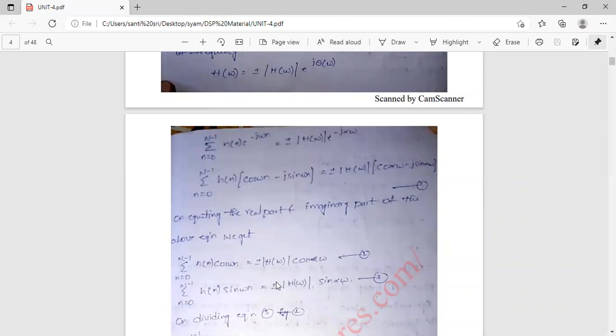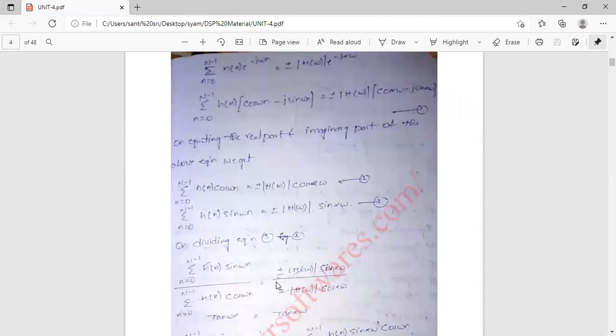And dividing equation 3 by 2, the summation of h(n) sin(omega n) divided by the summation of h(n) cos(omega n) is equal to plus or minus mod H(omega) sin(alpha omega) divided by plus or minus mod H(omega) cos(alpha omega).